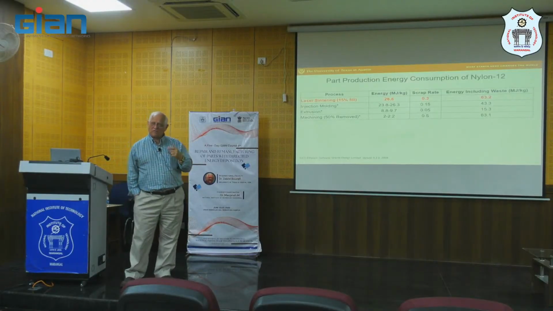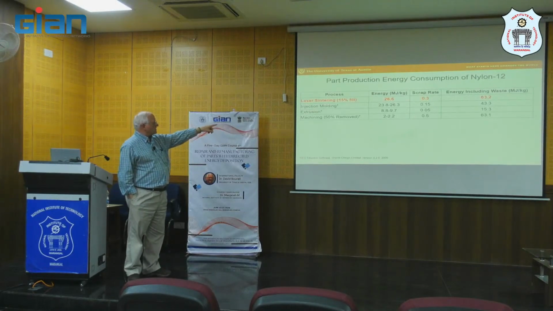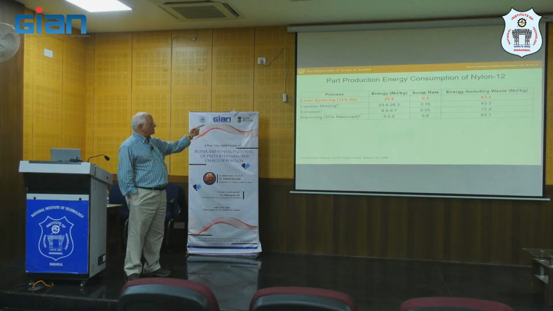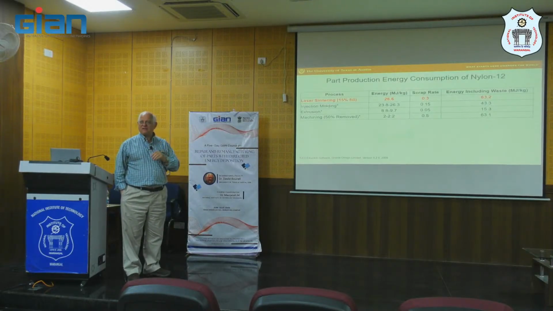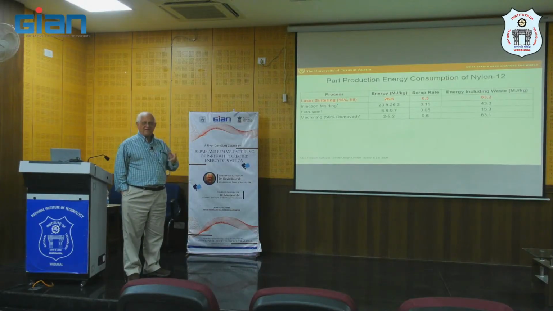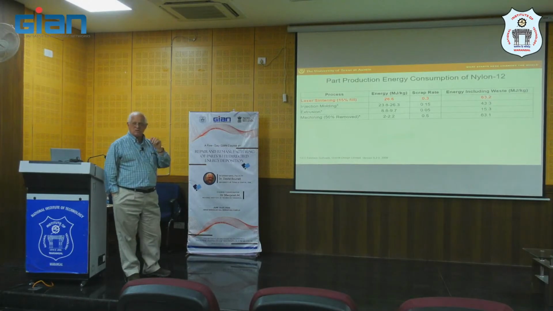So if we incorporate that effect based on the scrap, what we see, not surprisingly, is machining shoots way up because there's so much loss, but it actually comes in about the same as laser sintering. They're both fairly high energies. Injection molding goes up a little bit, extrusion just a little bit.